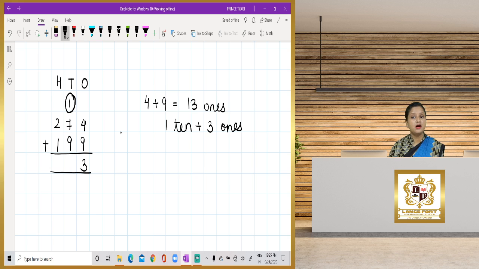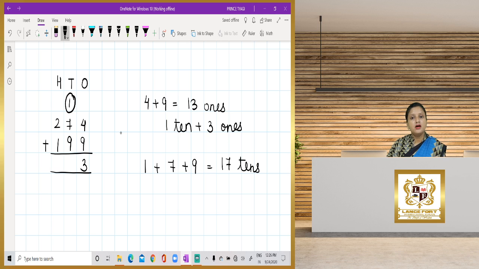Write 1 above 7. Now what do we have in the tens column? We have 1 plus 7 plus 9. Now add all the numbers. 1 plus 7 is 8 and 8 plus 9 is 17. This means we now have 17 tens.